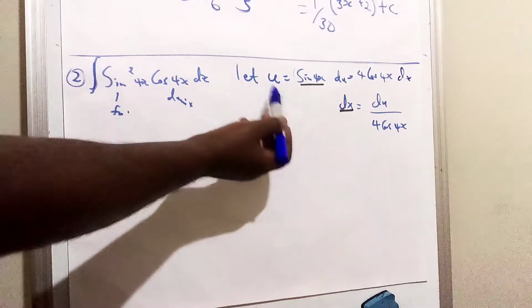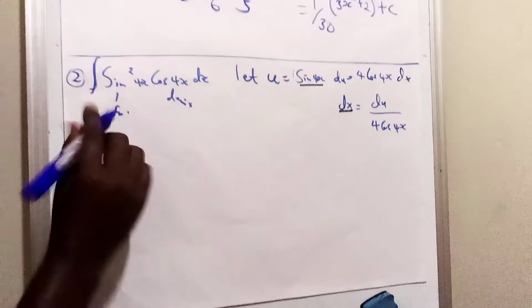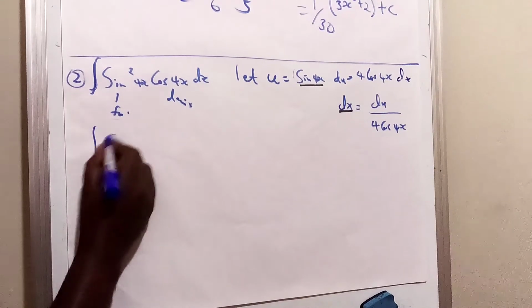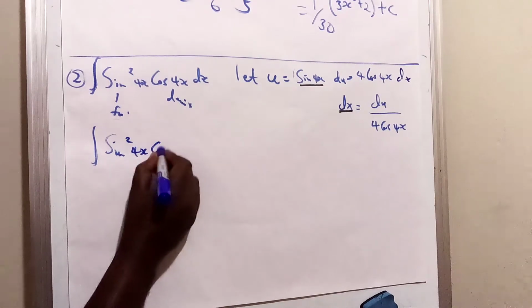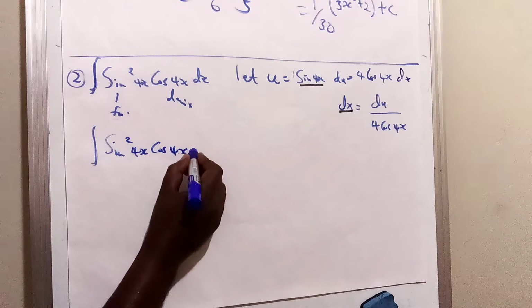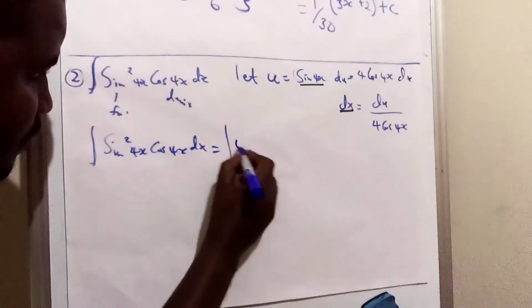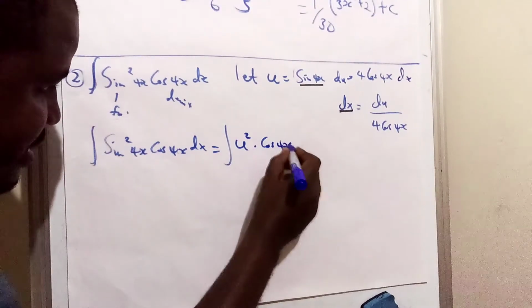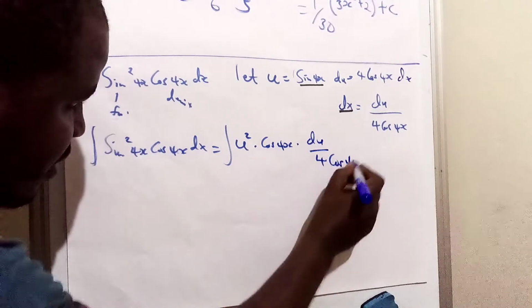So we are going to substitute for sine 4x and dx. This term becomes integral of u squared times the cosine of 4x times du over 4 times the cosine of 4x.